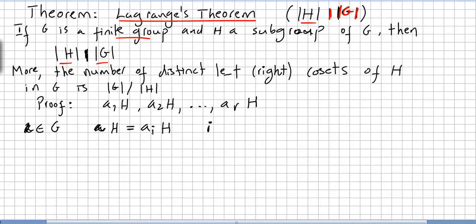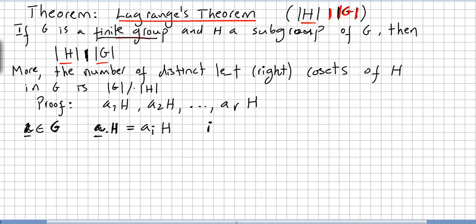If it is not 1, it will be 2. If it is not 2, it will be 3. So there will be a moment where the left coset of A, the operation of A with the subgroup, will be equal to AIH.